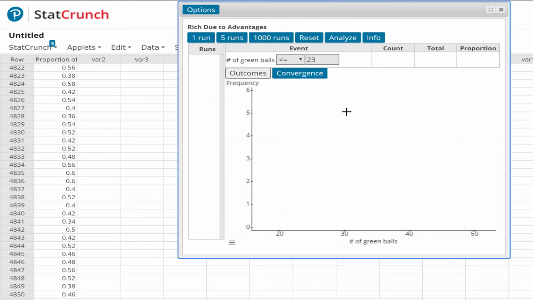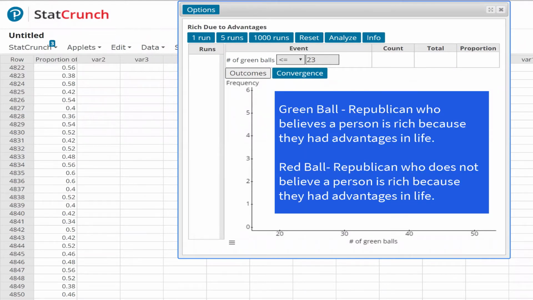Let me do this one time so that you can see what the process is. But first and foremost, we built a population of 80 million Republicans and designated them either green or red. Any ball that is green is a Republican who says, I believe people are rich because they had advantages in life.